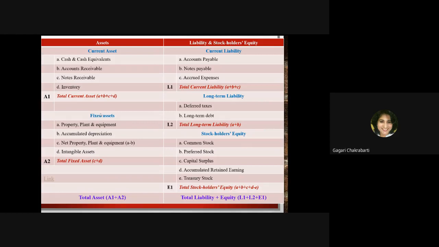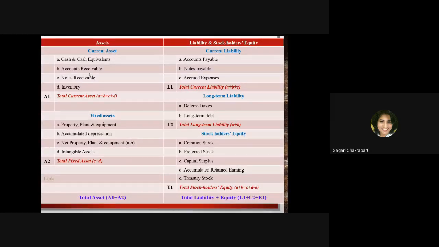But if you look at a real-life balance sheet, depending on how the data is presented on the website, you will have many other components also. But these are the major heads. Okay, so first of all, we have the cash and the cash equivalents, that is the most liquid form of asset.